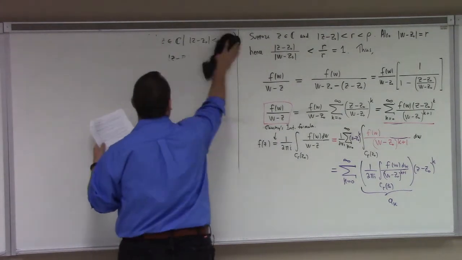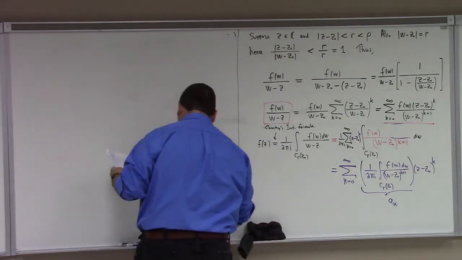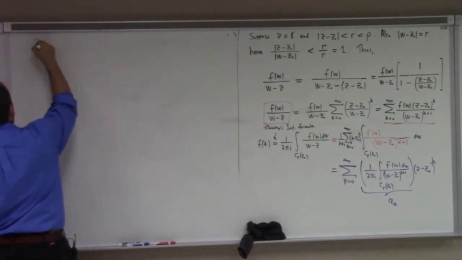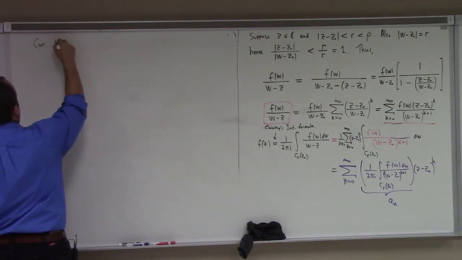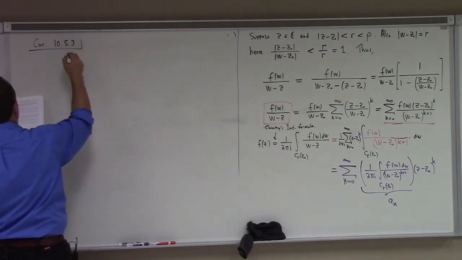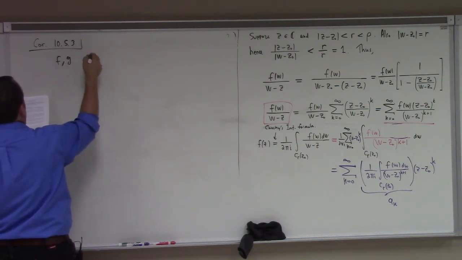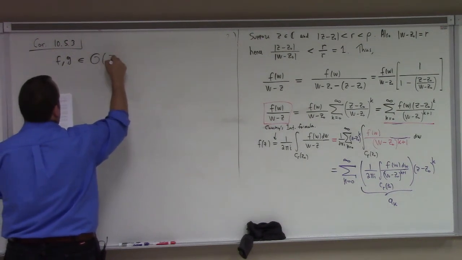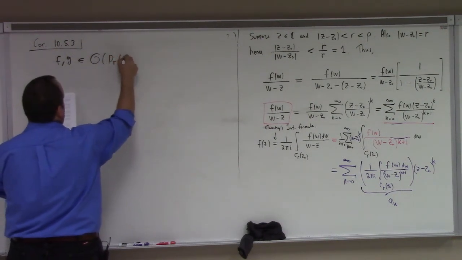Corollary 10.5.3. It says the following. Suppose that f and g are holomorphic on a disk of radius r centered at z naught.